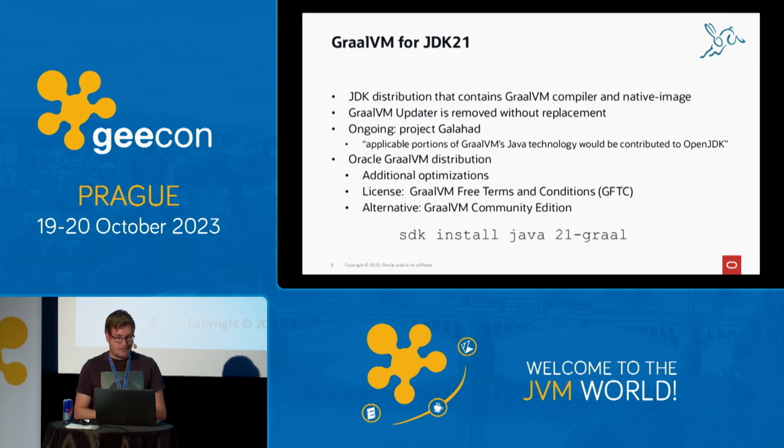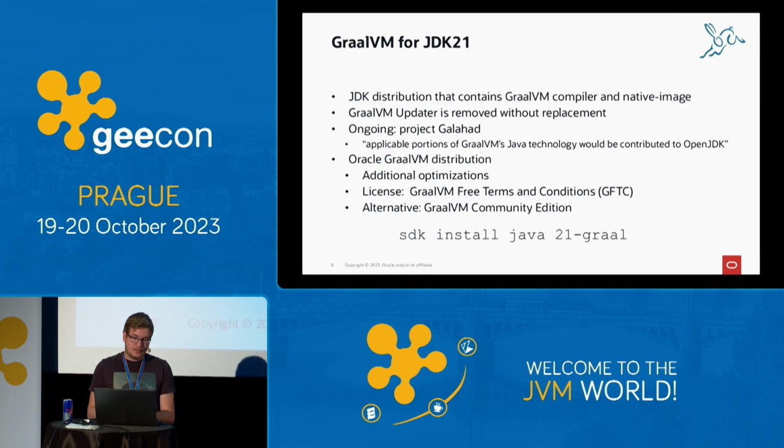That's removed without replacement. There is an ongoing project called Galahad, where we would like to move applicable portions of the GraalVM Java technology and upstream those to OpenJDK. So that would be initially the GraalVM compiler and maybe eventually Native Image, at which point the GraalVM JDK and OpenJDK would eventually be equal.